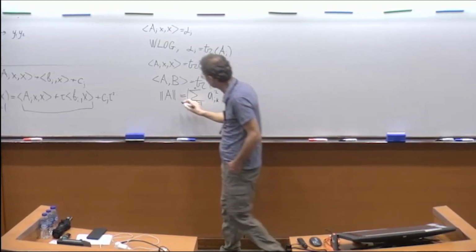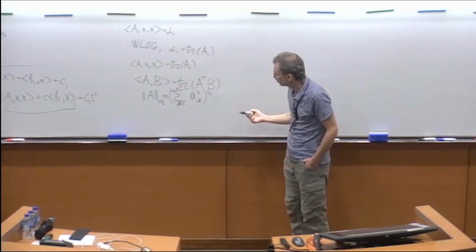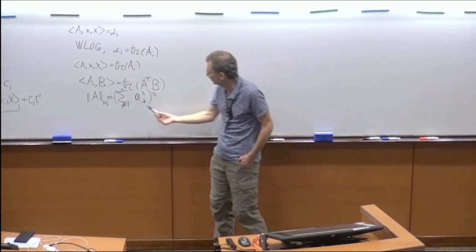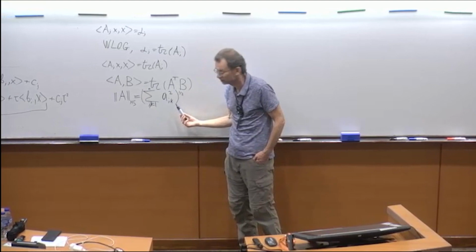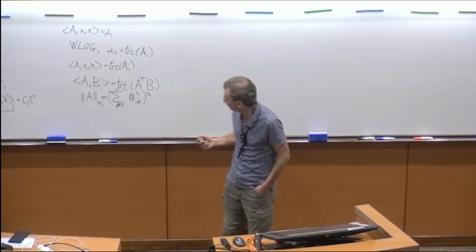This is the so-called Hilbert-Schmidt or Frobenius norm. So it just vectorizes the matrix A and evaluates the Euclidean norm of it.